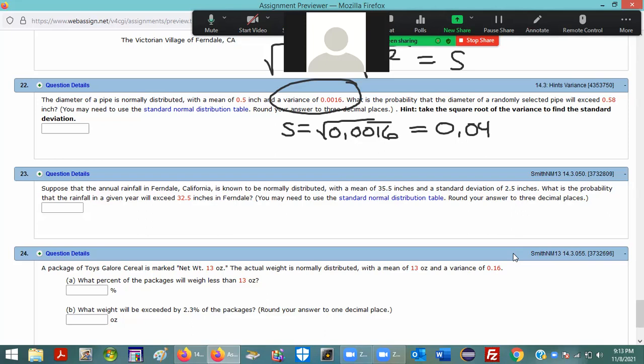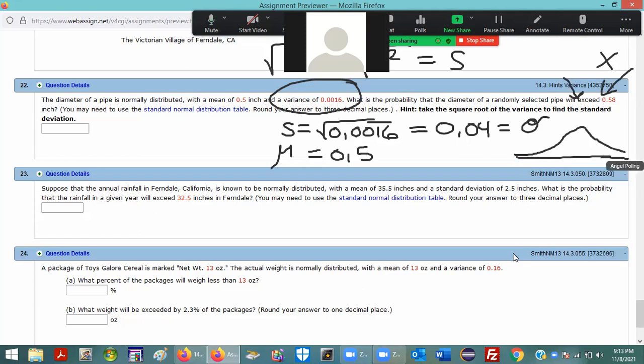So we have a mean of 0.5. We have a standard deviation of 0.04. We have an X value of 0.58, and they're asking for exceeding that value, right? So we're looking for the area off to the side here.